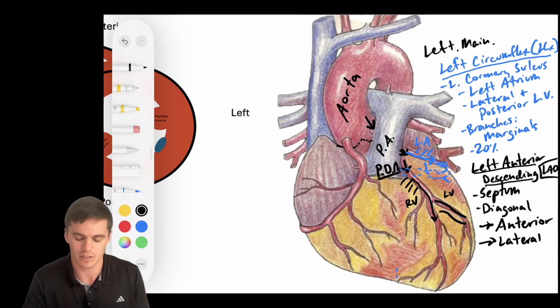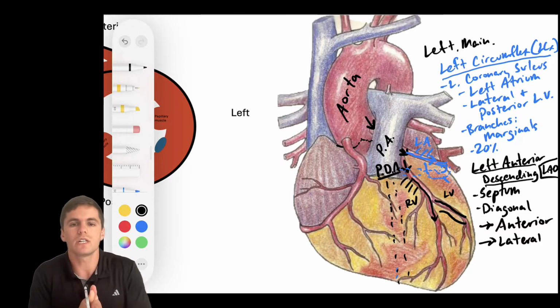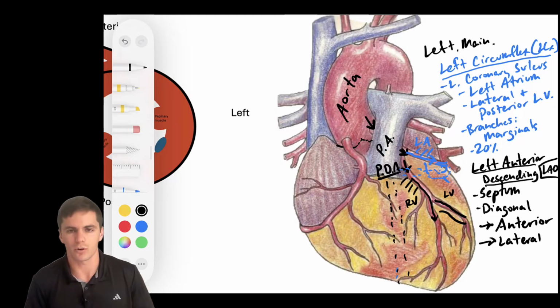The posterior descending artery runs, if you had see-through x-ray vision, down the posterior interventricular groove. So sometimes the PDA, which we all have, they call it the posterior interventricular artery.